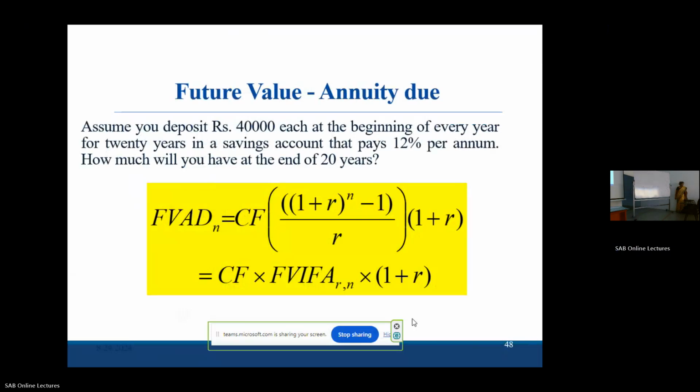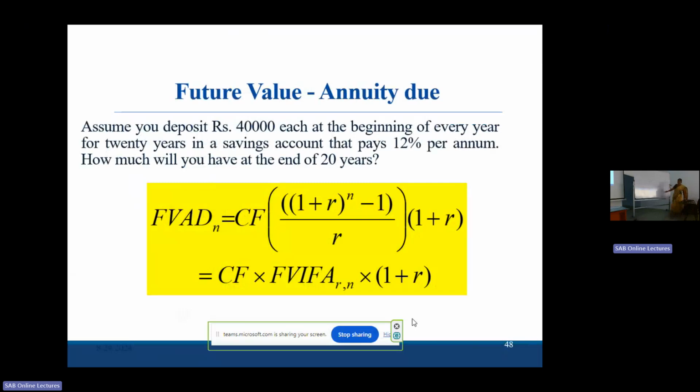Any question? What is it? Yes. Yes. Aditya, have you given? This one is correct.